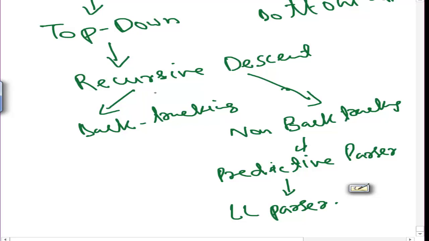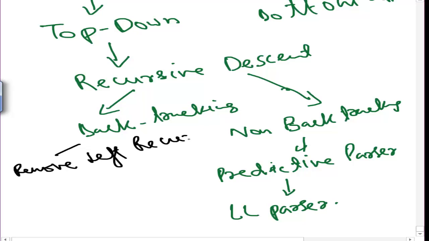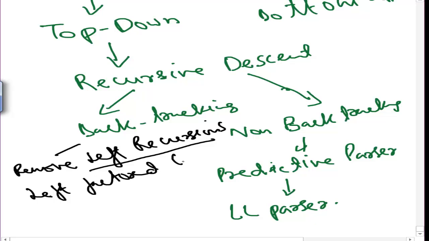We will also remove the left recursions here. We'll see what left recursion is, what its role is, and why we should remove it. We also have to do the left factored grammar. What is the left factored grammar? We have to talk about those things also.